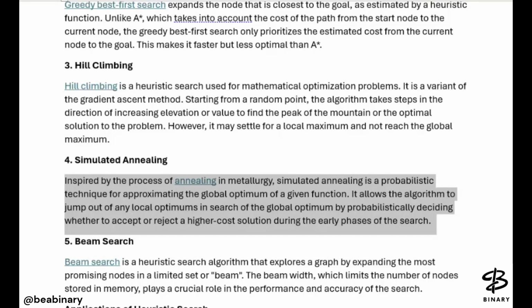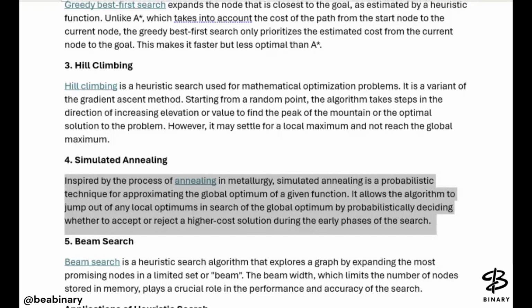So what is annealing? Can anyone tell me? As we are talking about metallurgy, annealing is just heating and allowing it to cool slowly. We are just discussing the heating of a process, right? So what comes under the annealing algorithm? As we have discussed, it basically searches for the global optimum of a given function.